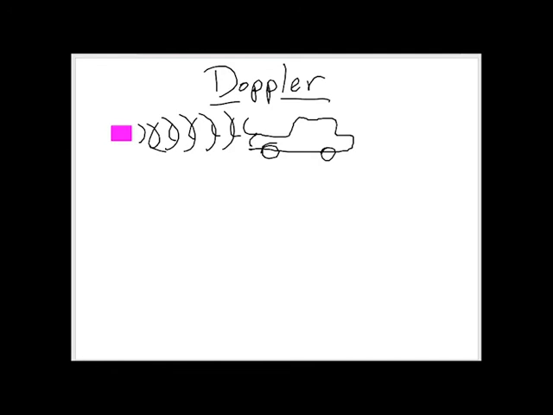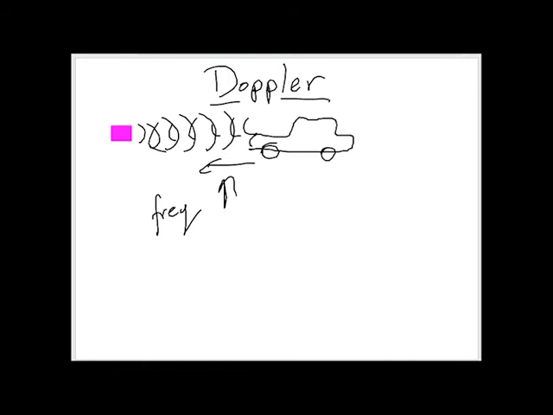If the object is moving towards you, then the frequency goes up. If the object, on the other hand, is moving away from you, the frequency goes down. Now, the other thing is, the faster the object is moving, the more the frequency goes up.